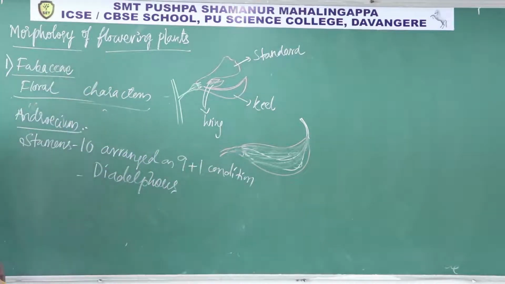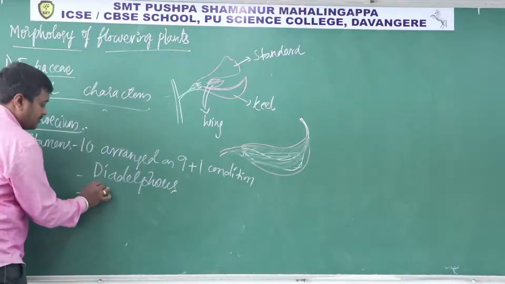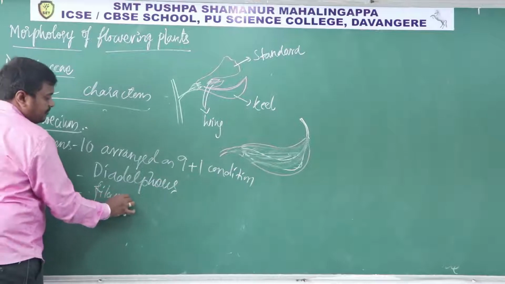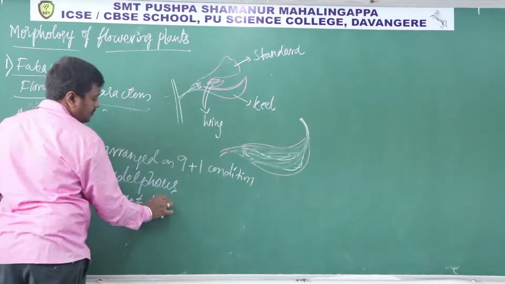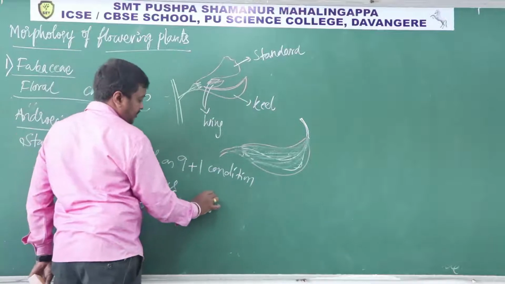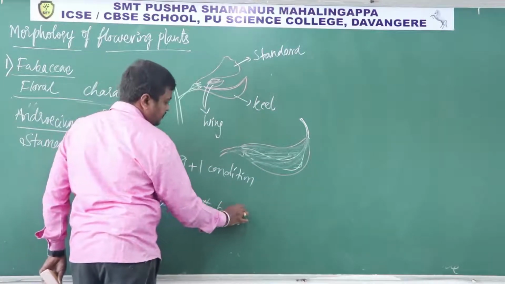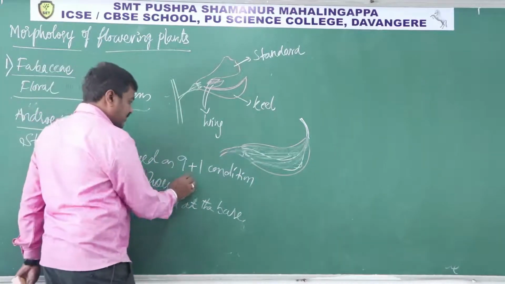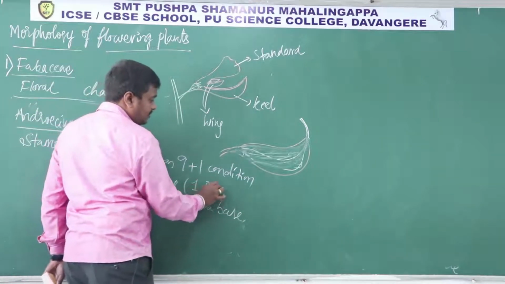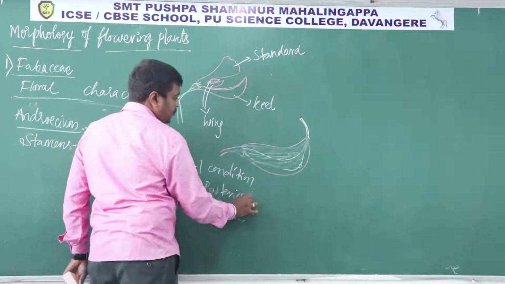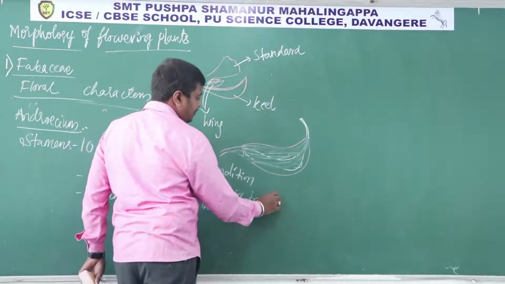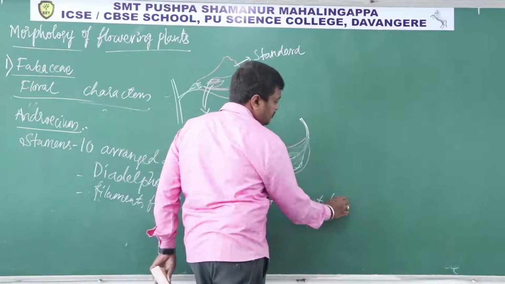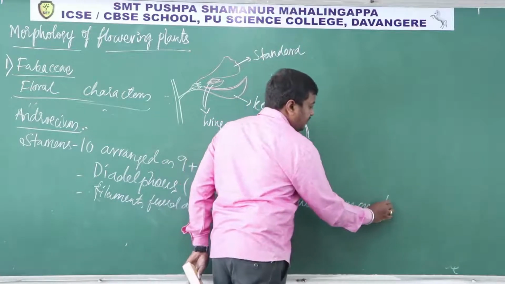I will explain it again. So diadelphous: filaments fused at the base. Filaments fused at the base. Okay, so what is diadelphous? In diadelphous, 1 posterior stamen is free plus 9 fused to form one bundle.